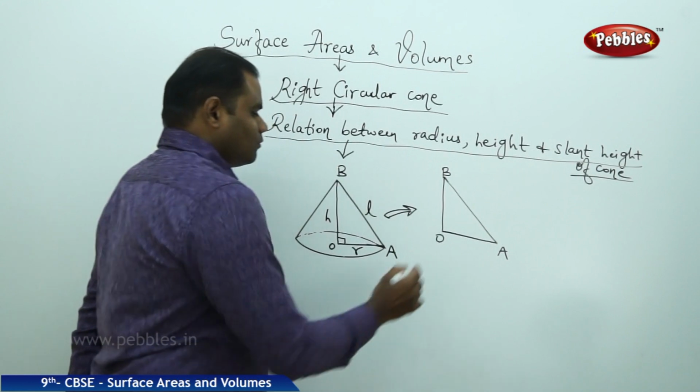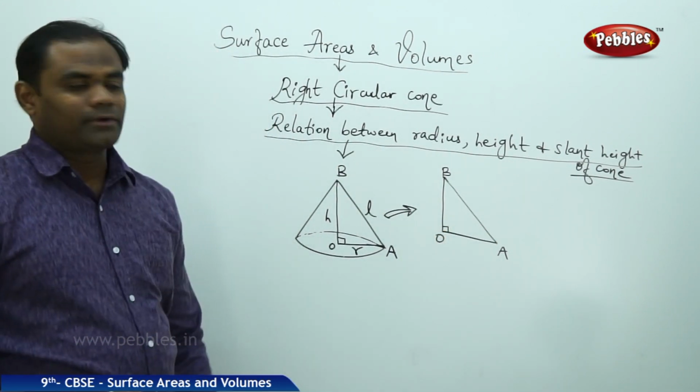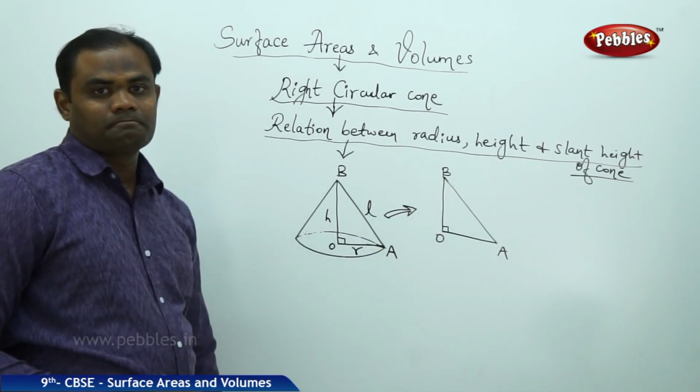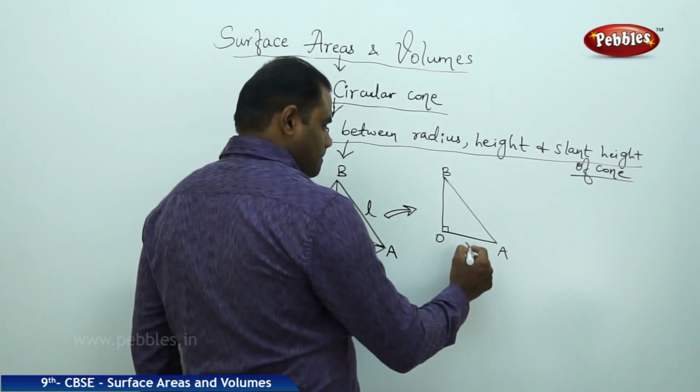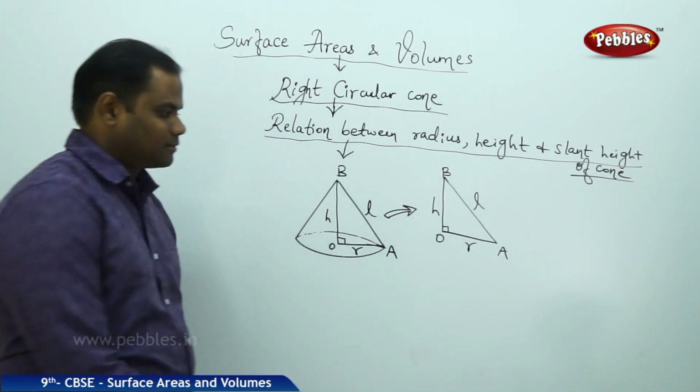Now in this case, OA is radius, OB is height, and AB is slant height.